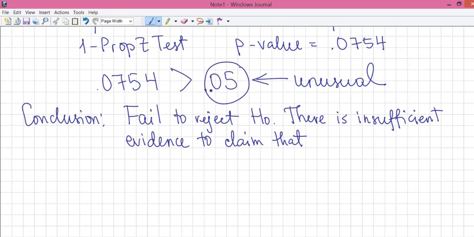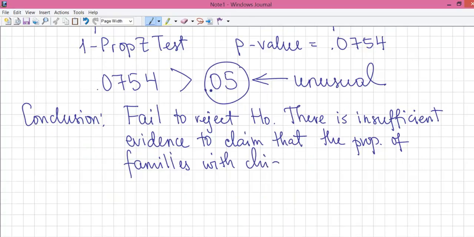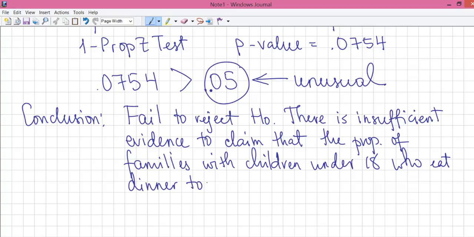So you can just copy that statement, that the proportion of families with children under 18 who eat dinner together 7 nights per week has decreased.